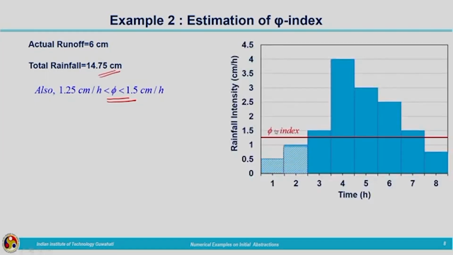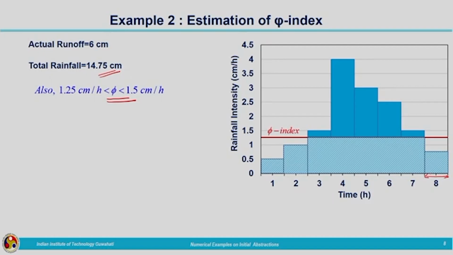And this much water will be lost as abstractions, and beyond that, what is coming is producing the direct runoff. That value we need to quantify. If this red line is representing phi, we can see which hours it corresponds to. From time 0 to 2 hours, the entire rainfall is lost as abstractions, and also from 7 to 8 hours the rainfall is lost as abstraction.